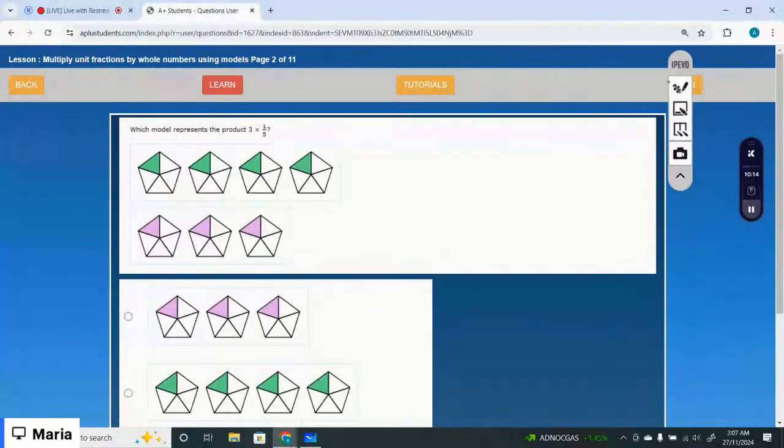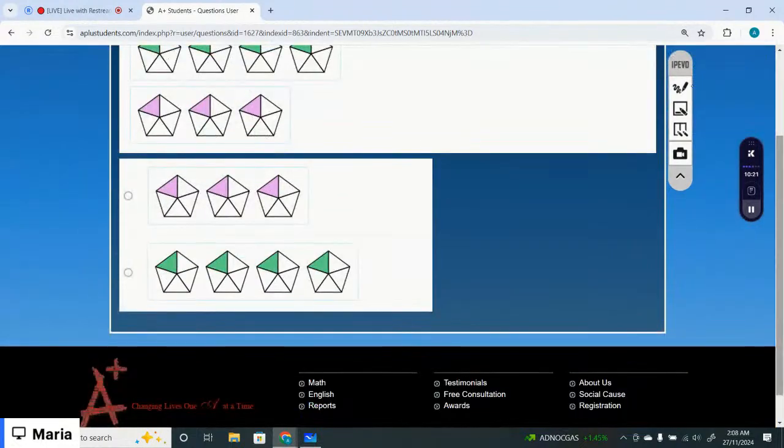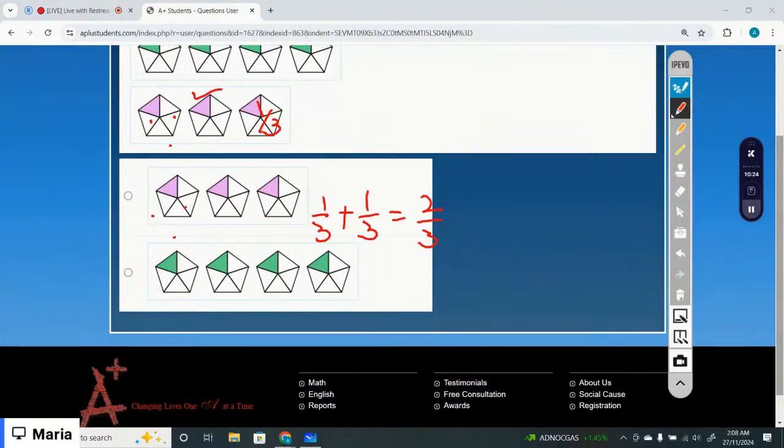Okay, which model represents 3 times 1 by 5? So let's just understand both the models. Just look at the first one. 1, 2, 3, 4, 5. 5 portions, 1 is colored. That is 1 by 5, right? The second one, 5 portions, only 1 is colored. The third one, 5 portions, only 1 is colored. So when you add, they have the same denominator. 1 plus 1 plus 1 makes 3. That equals 3 by 5.